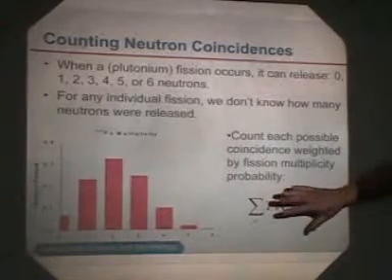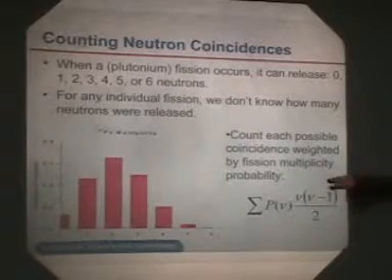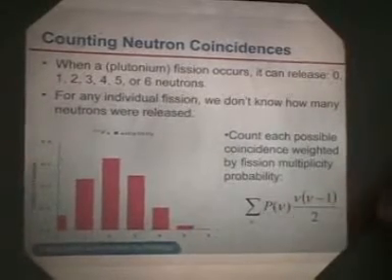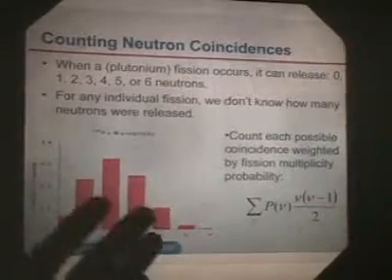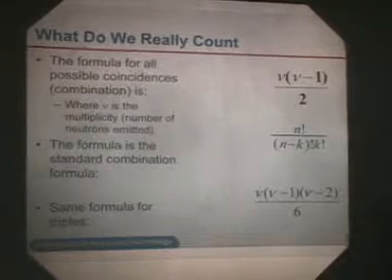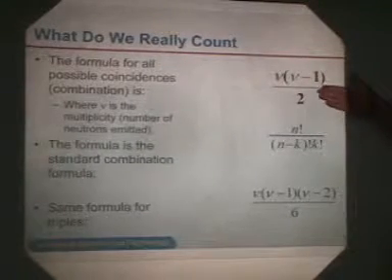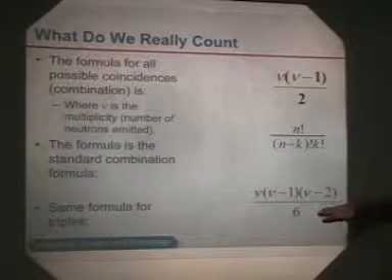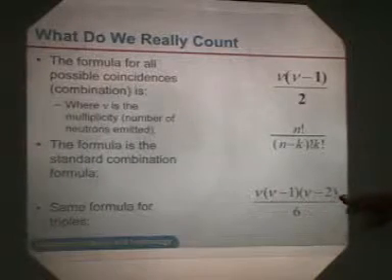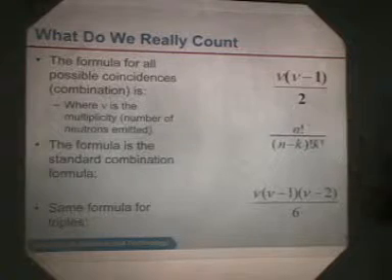We use the same combination formula, and the same mathematics of taking the expectation value, which is integrating with the distribution function. Here's another slide saying essentially what I just explained. For coincidences, we do nu times nu minus 1 over 2. For triples, it's this formula, which is basically the combination formula.